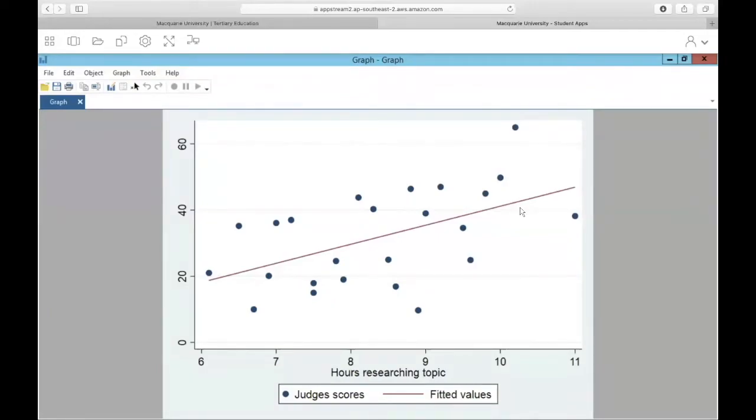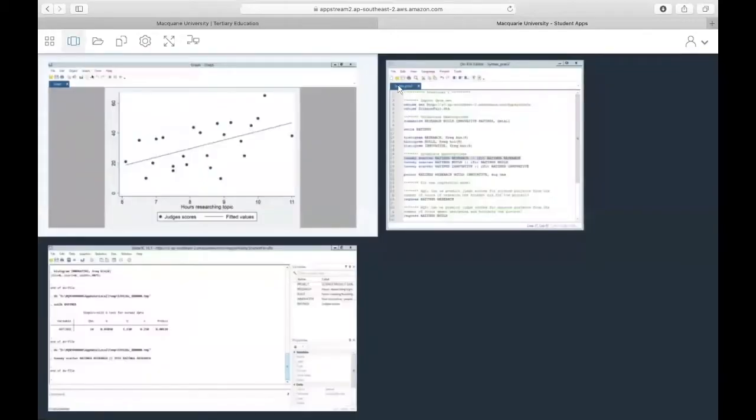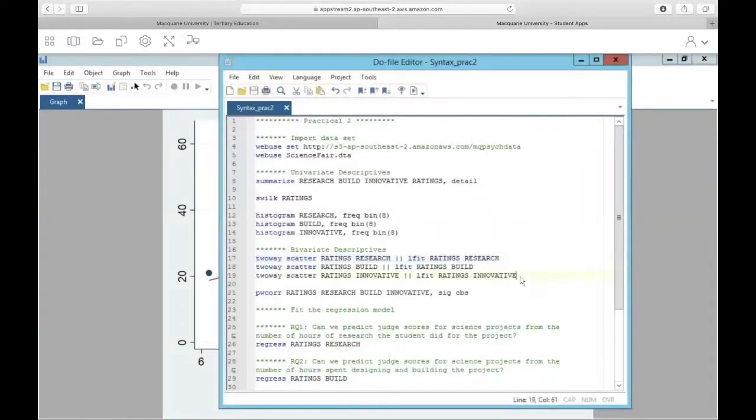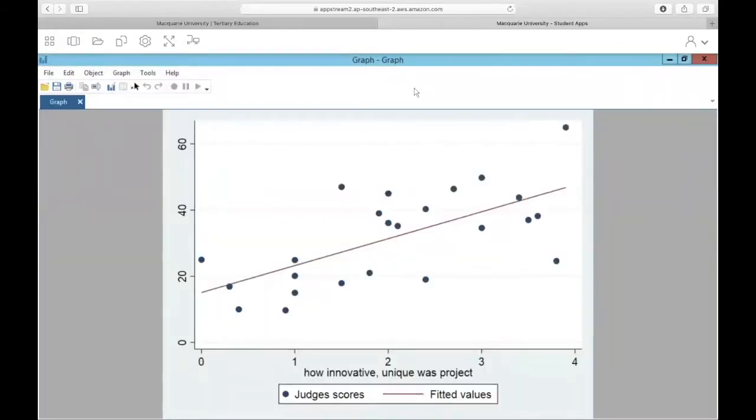Right, let's take a look at one more scatter plot here. Let's look at the scatter plot for ratings and how innovative the project was. Again, as innovation increases, our judges' scores increase. There doesn't appear to be any extreme outliers.